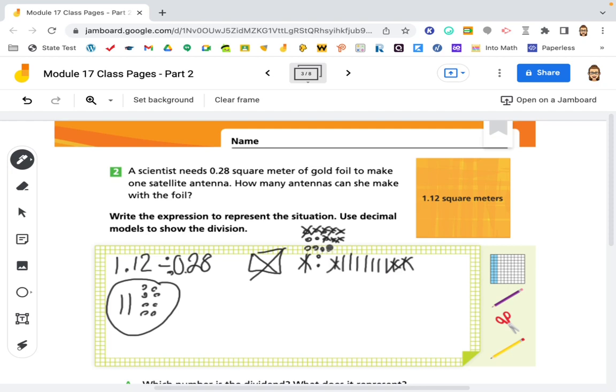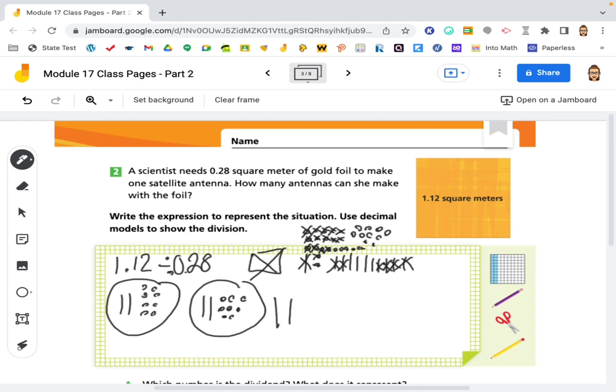1, 2, 3, 4, 5, 6, 7, 8, 9, 10. So I'm going to do 2, then 1, 2, 3, 4, 5, 6, 7, 8. So cross off 8 of these and 2 of these. So I'm not going to have enough, so I've got to cross this off. 1, 2, 3, 4, 5, 6, 7, 8, 9, 10.